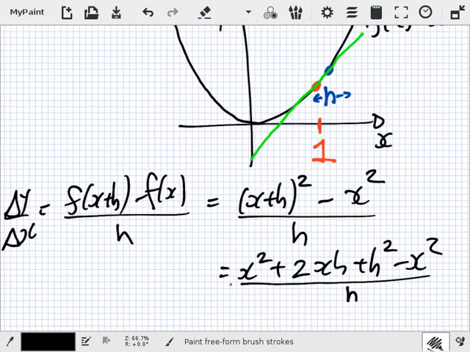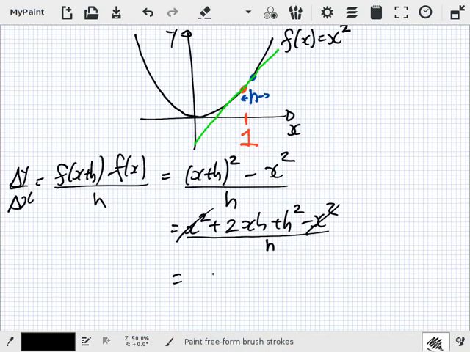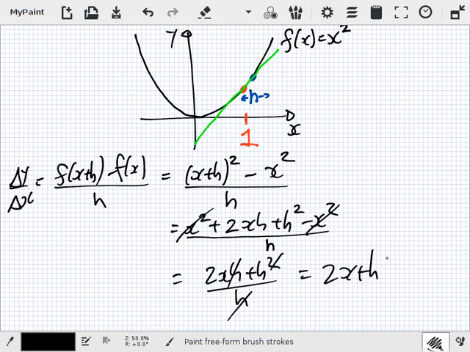What's nice is that the x squared cancels with the minus x squared. You're left with 2xh plus h squared over h, and the h cancels, so you're left with 2x plus h. Now we know what the x is. What's the x in this one? 1. We said to choose 1. So the answer here would be 2 plus h, where h is some small number of our choice.